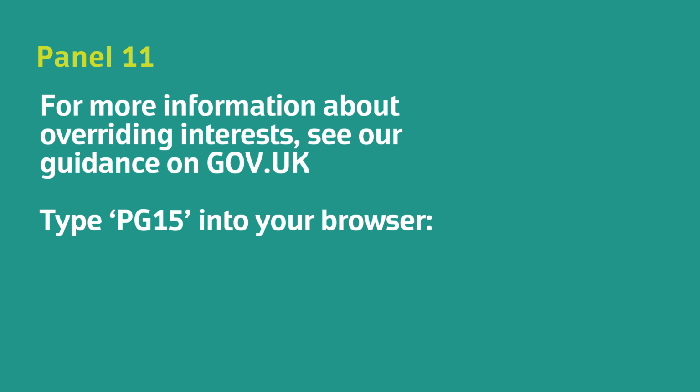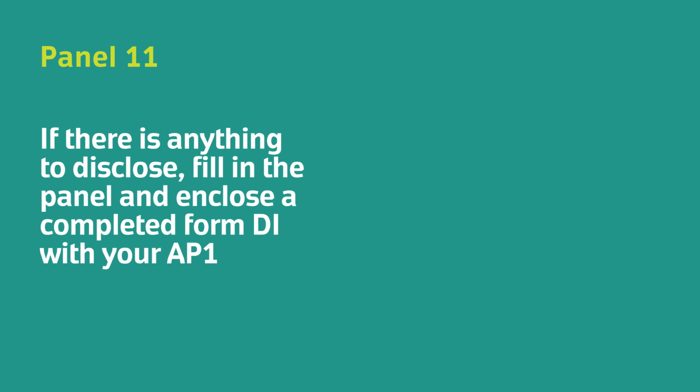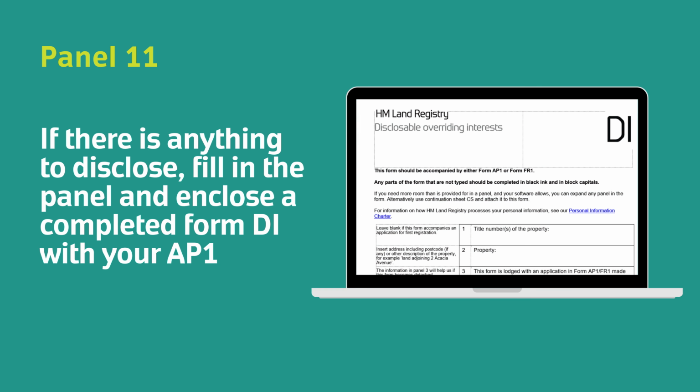For more information about the overriding interests which must be disclosed, see our guidance pages on gov.uk. Simply type PG15 into your browser. If there is anything to disclose, fill in the panel and enclose a completed Form DI with your AP1.